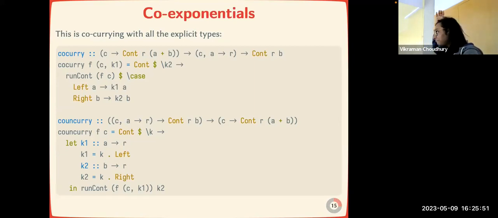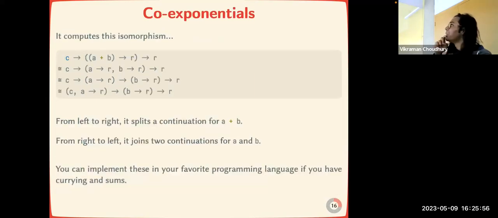So it looks a bit mysterious. A better way to understand this is to look at this isomorphism. So you're taking C to something in the continuation monad of A plus B, but A plus B to R splits as A to R, B to R. Then you apply currying and split that into two more functions.